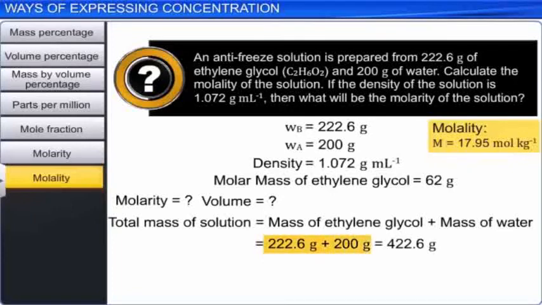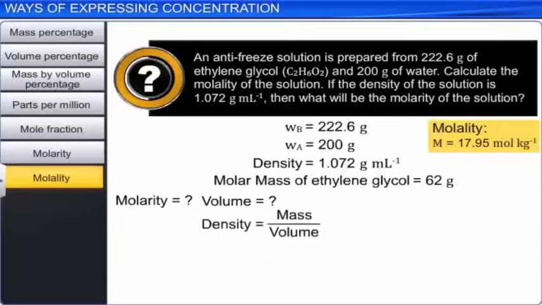Using the value of density of the solution, which is 1.072 grams per milliliter, you can calculate the volume of the solution. Density is equal to mass per unit volume, and thus V is equal to 422.6 grams divided by 1.072 grams per milliliter, or V is equal to 394.2 milliliters.